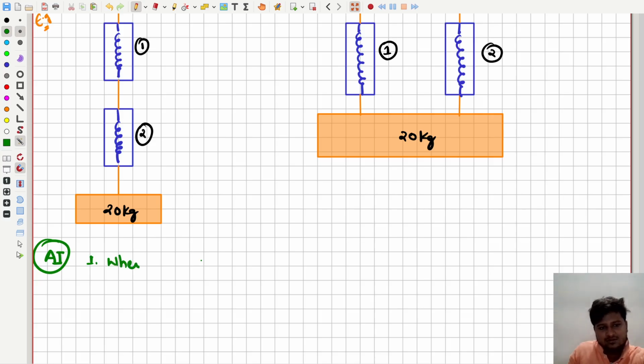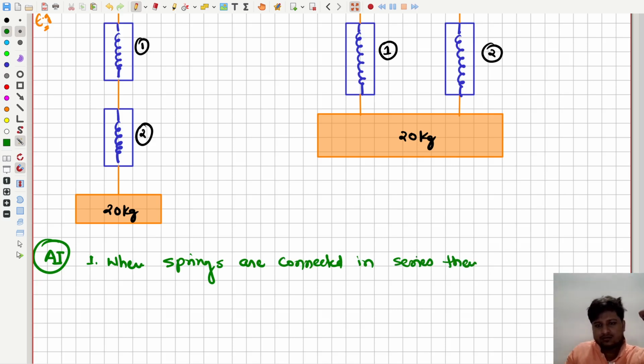When springs are in series, the reading is 100 newton on both, and in parallel, 10 and 10. So when springs are connected in series, then the reading of each spring, if there are identical spring balances, got it or not?